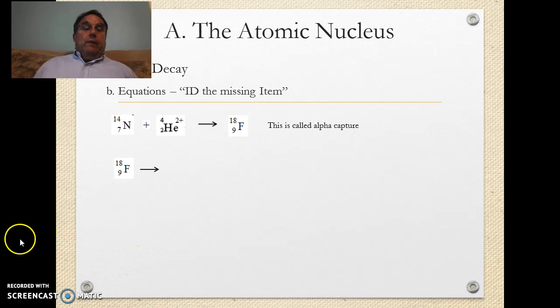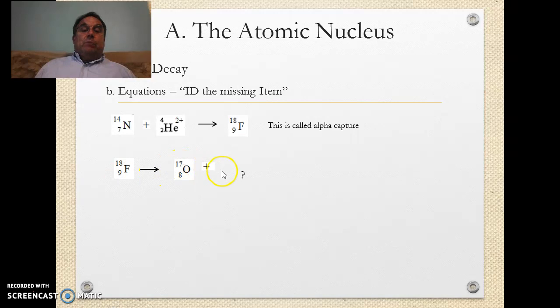Okay. I might also give you a radioactive isotope of fluorine and tell you that it changes into oxygen and gives off some unknown subatomic particle. What would that subatomic particle be? So you have to ask yourself, 8 plus what will give me 9?